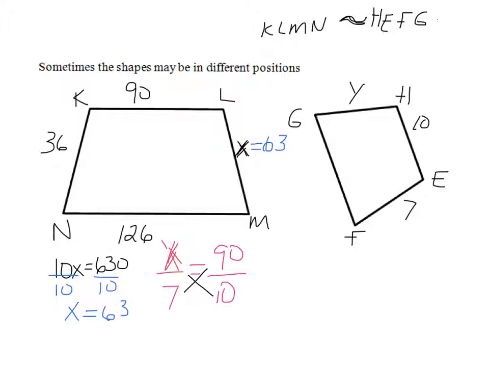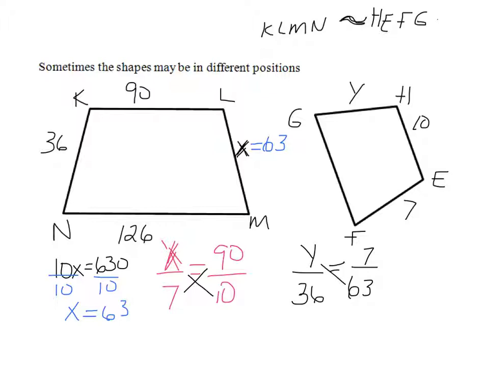Now let's find y. So set up our first proportion. Y corresponds with 36. And then I can set up another corresponding side. I can use 10 and 90 again, or I can use 7 and 63. Either one is fine. I'm going to use 7 and 63.